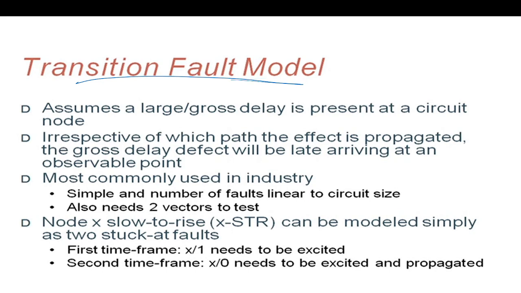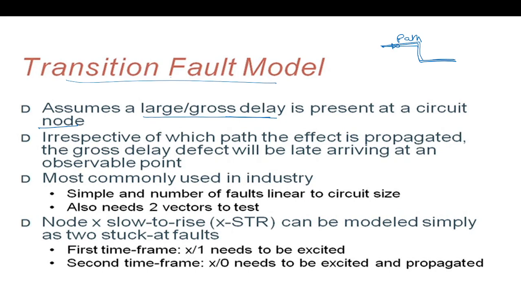So we have seen that there are an exponential number of paths. So next we come to the TDF, transition delay fault. Assume a large and gross delay. This assumes that there is a large delay present at a circuit node. Previously, it was considering the cumulative effect from the complete path.